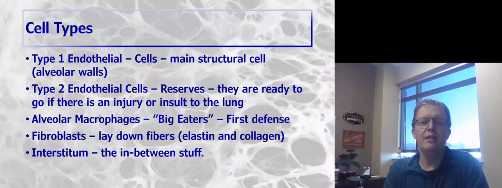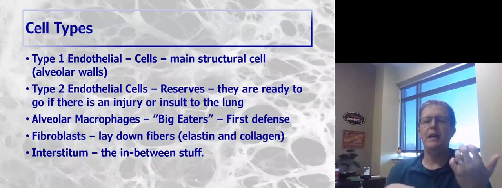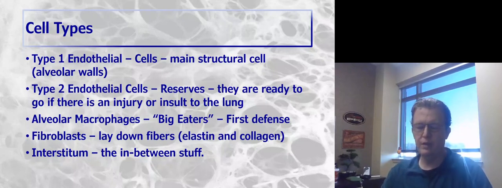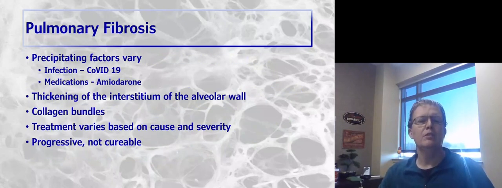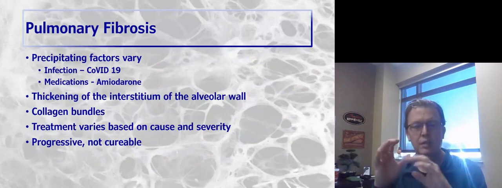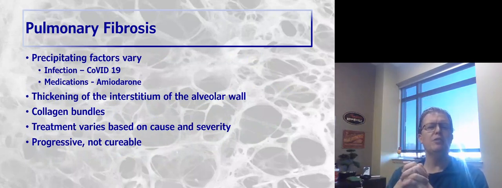The interstitium is the space in the tissue between everything else. So everything that's between the fibroblast, elastin, collagen, and the outer wall of the chest, that's what we refer to as interstitium. So pulmonary fibrosis is a condition in which there are a variety of potential explanations.